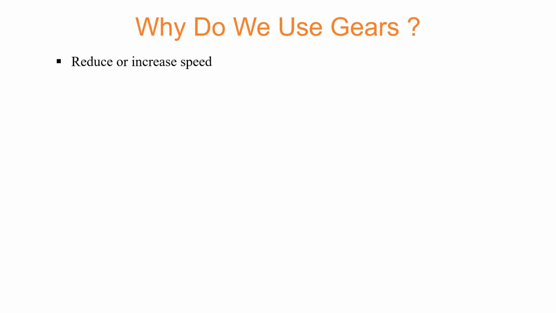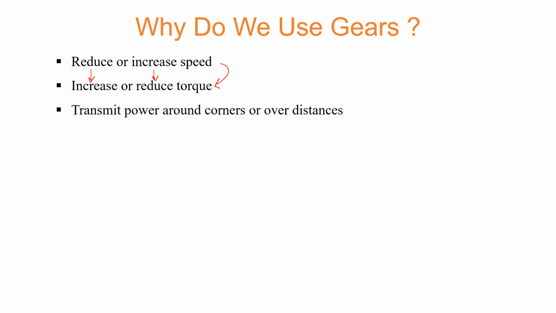Not only that, with the reduction in speed, you may have the possibility of increasing the torque of rotation, and by increasing the speed, you may reduce the torque as well. So this is something like at the expense of speed, you can have the torque increased. So with this kind of arrangement or mutual correspondence between speed and torque, you can have the use of gear trains.